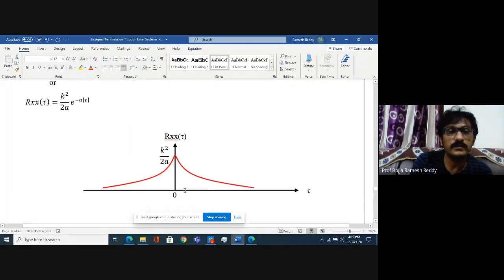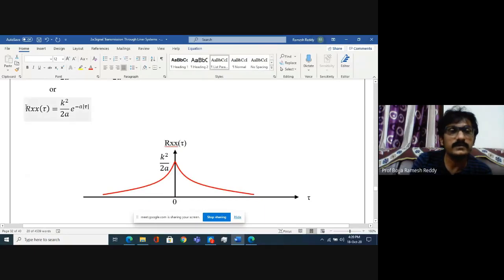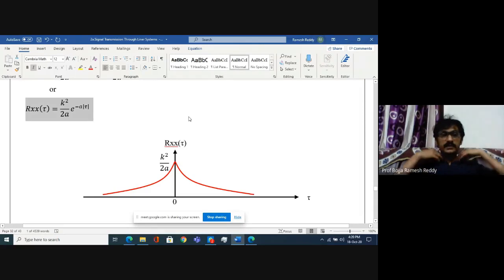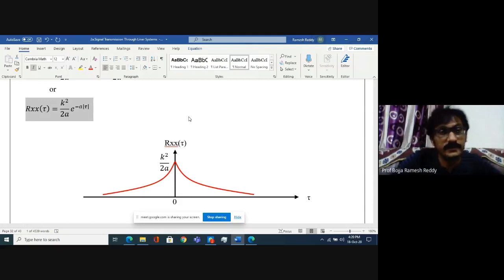This result is important. The autocorrelation function of the given right-sided causal signal k e power minus at u of t is k square by 2a e power minus a modulus of tau.